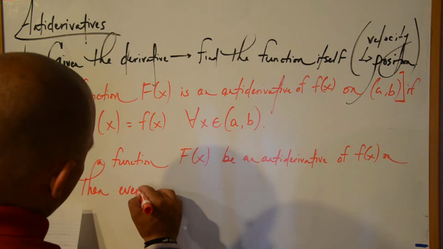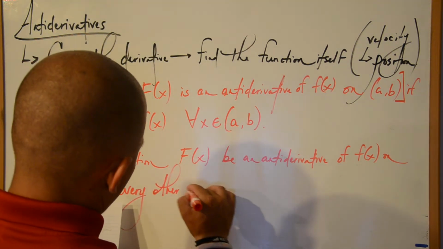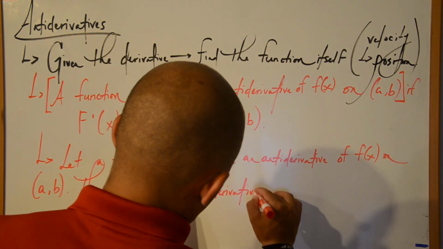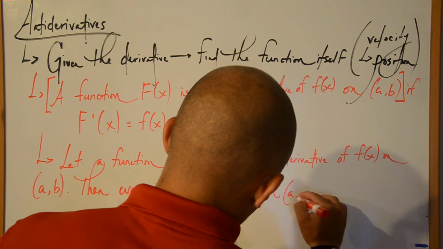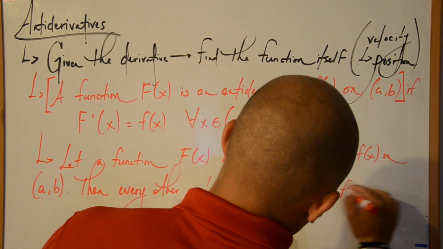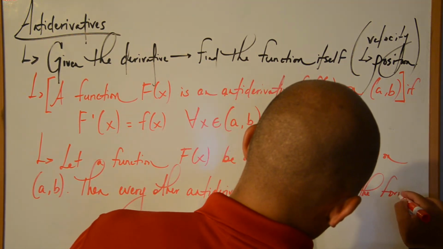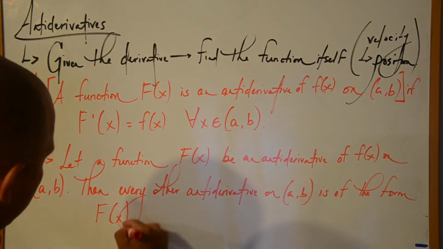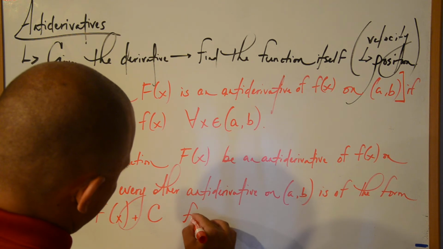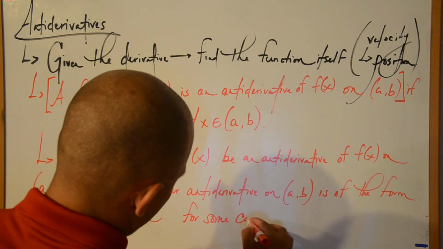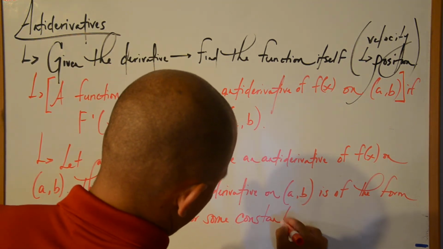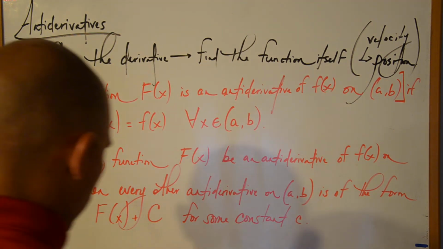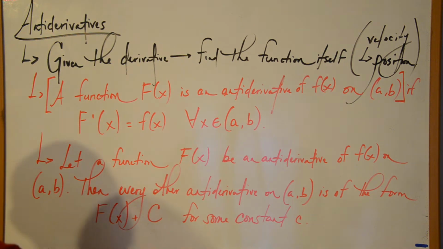Then every other antiderivative on (a, b) is of the form capital F of x plus c for some constant c. Now, why does this necessarily matter?